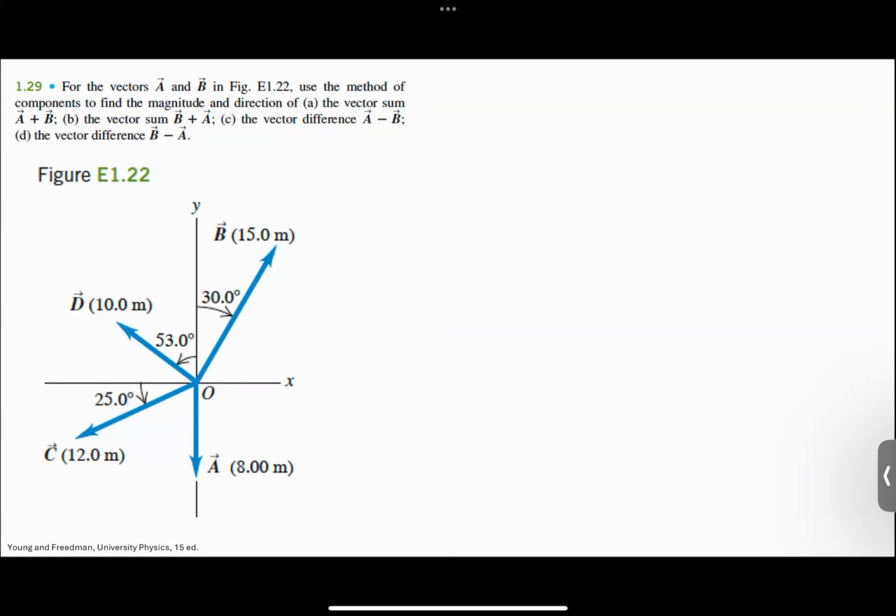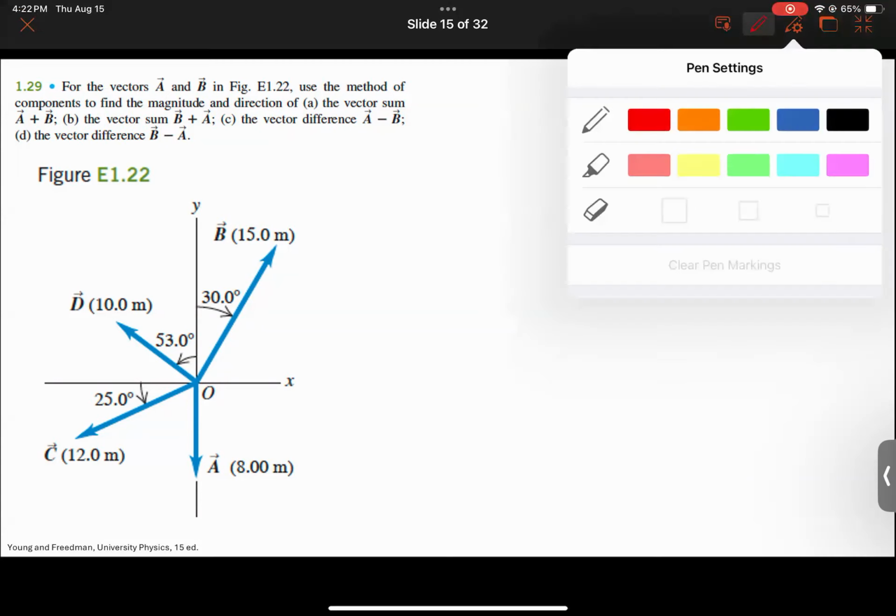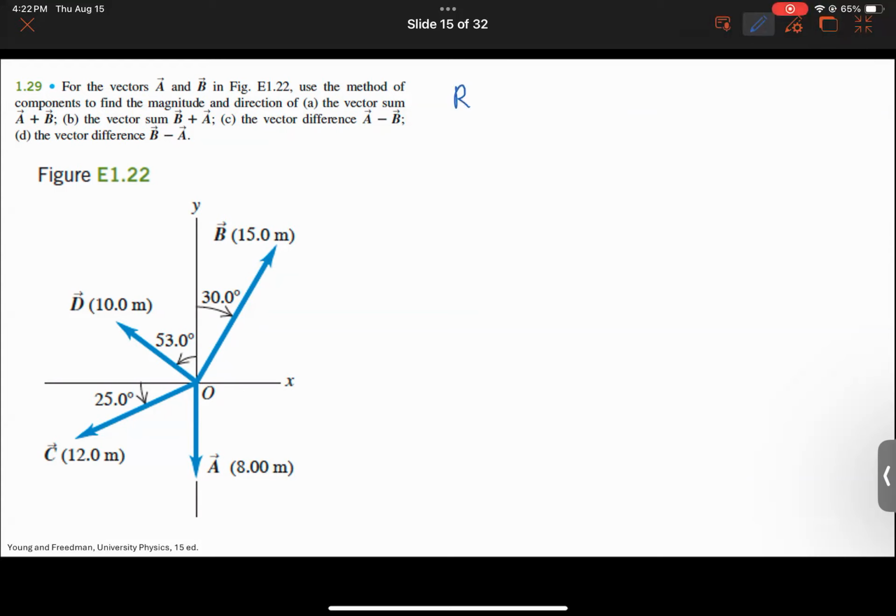Ngayon, gawin naman natin yung B minus A. So, yung resultant vector natin ay vector B minus vector A. So, yung x component ng R is Bx minus Ax. And yung y component ng R is By minus Ay. So, Rx ngayon is Bx, which is 15 meters times cosine ng 60 degrees minus Ax. Ang Ax ay 0 kasi walang component yung A along the x-axis.